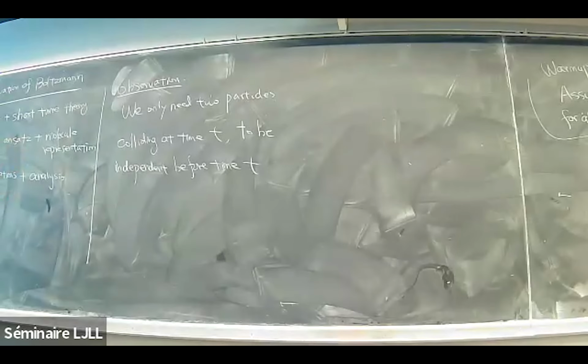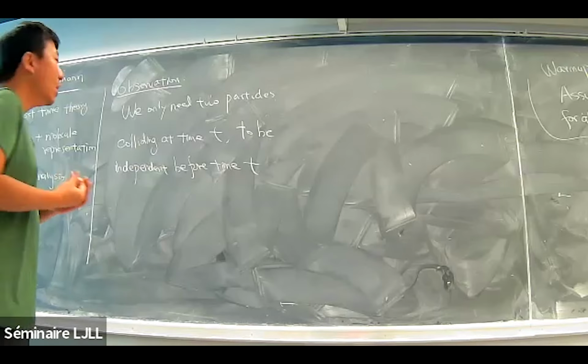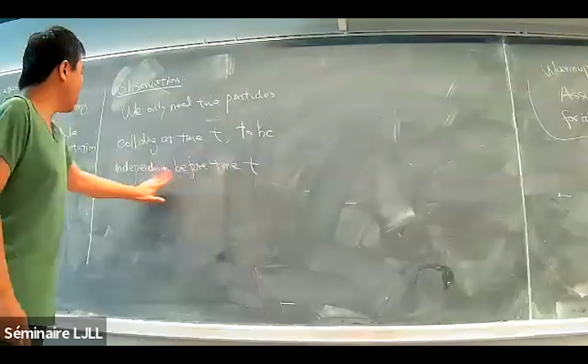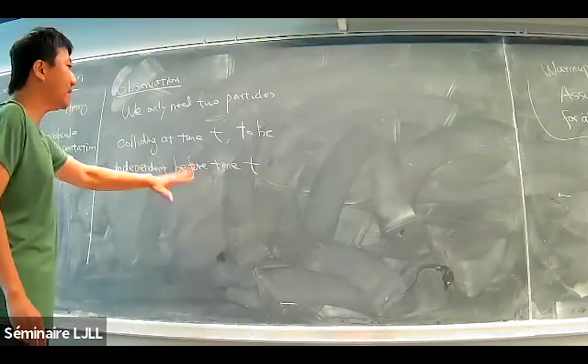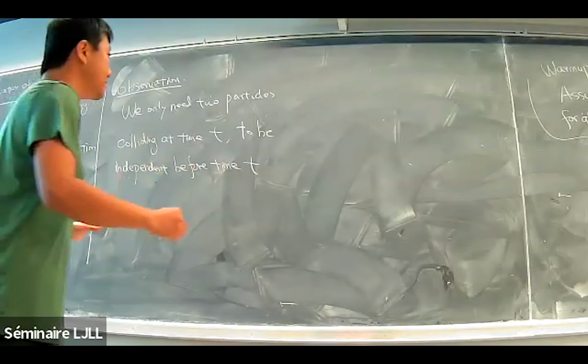Of course, this is again not always true, but we need this to be true up to the lower order terms. Now let's see: when are two particles independent? When are they not independent? This is very easy.